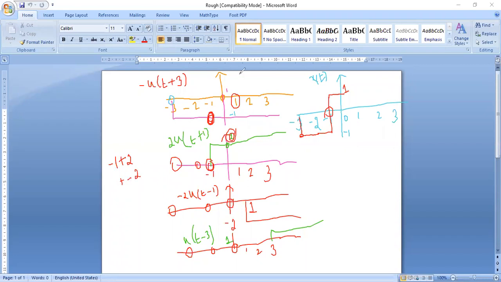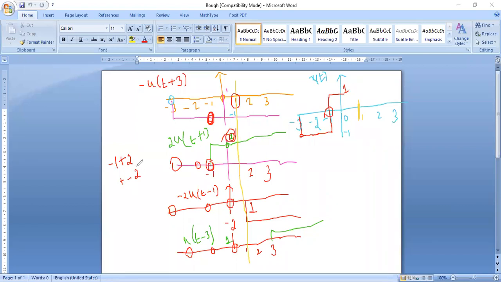Now see carefully, I will use some different color which I have not used. At t is equal to 1, I could see the transition. So the same transition will happen at t equal to 1 here. Till then, I have to maintain the amplitude which I have calculated.